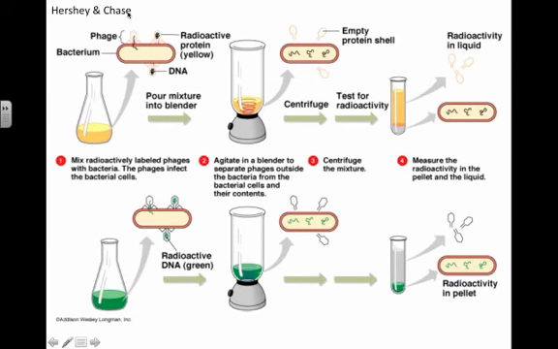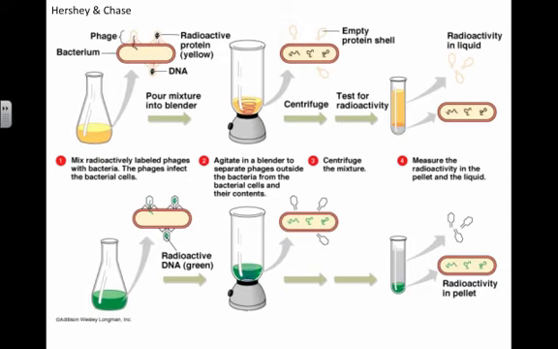Another experiment was done with phage, and phage are basically bacterial viruses, so viruses that infect bacteria. And people knew at the time that phage were composed of protein and DNA.